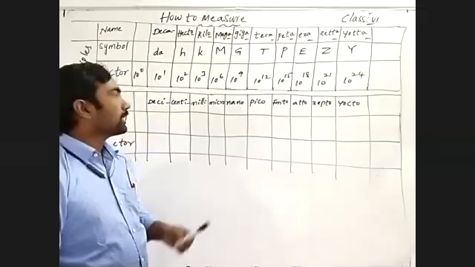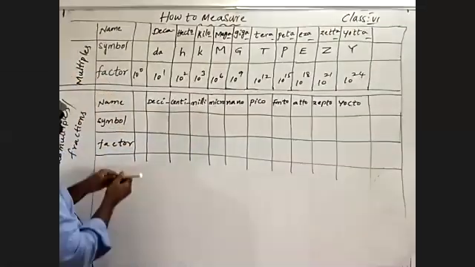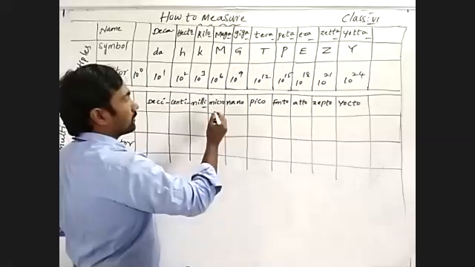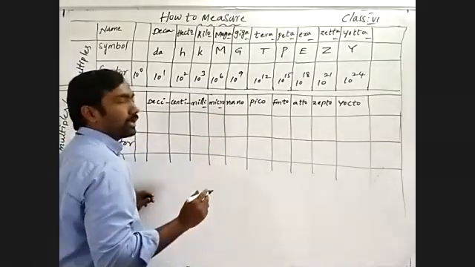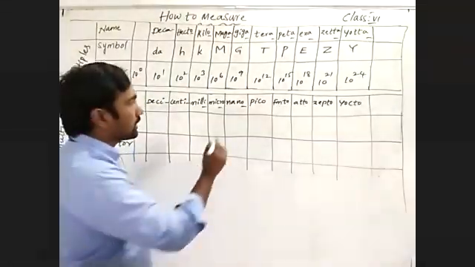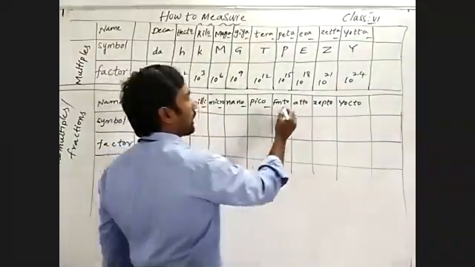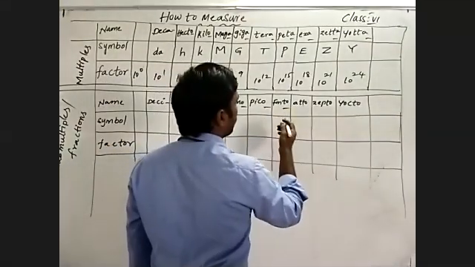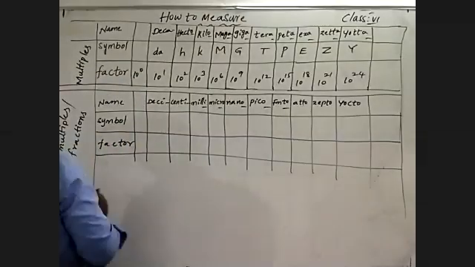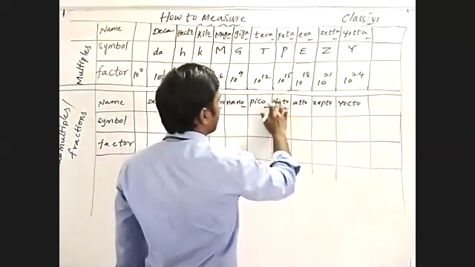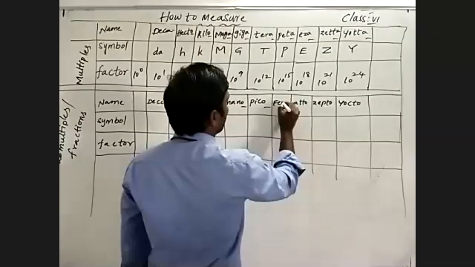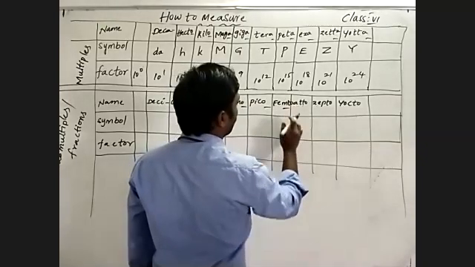By that, whatever we learned before: millimeter, milligram, milliliter, micrometer, microliter, microgram, nanometer, nanogram, nanoliter, likewise picometer, picoliter, picogram, and you can write femto.